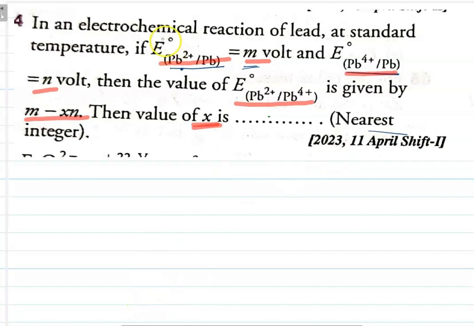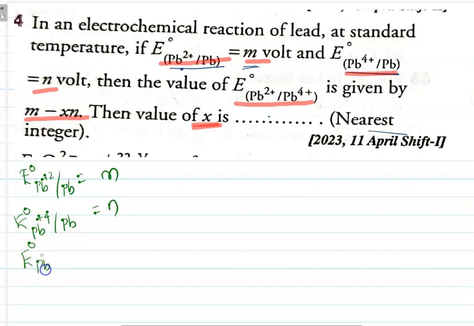So let's start. The given is E naught of Pb plus 2 to Pb is given as M. Again, E naught of Pb plus 4 to Pb is given as N. Again, E naught of Pb plus 2 to Pb plus 4 is also given, that is M minus X N. So let us write the equations involved in each of the electrode potentials.